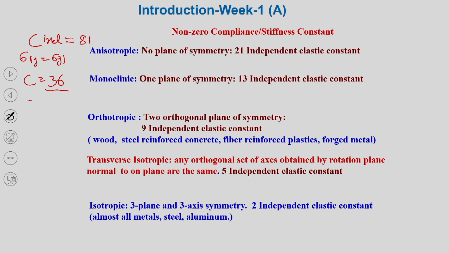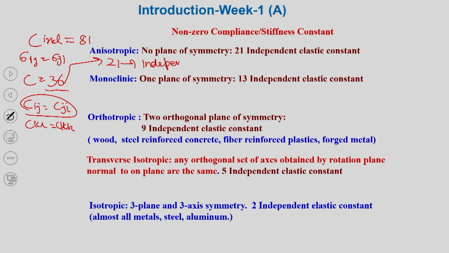Further, if you use the symmetry C_ij equal to C_ji, or C_kl equal to C_lk, that reduces further to 21 independent elastic constants.